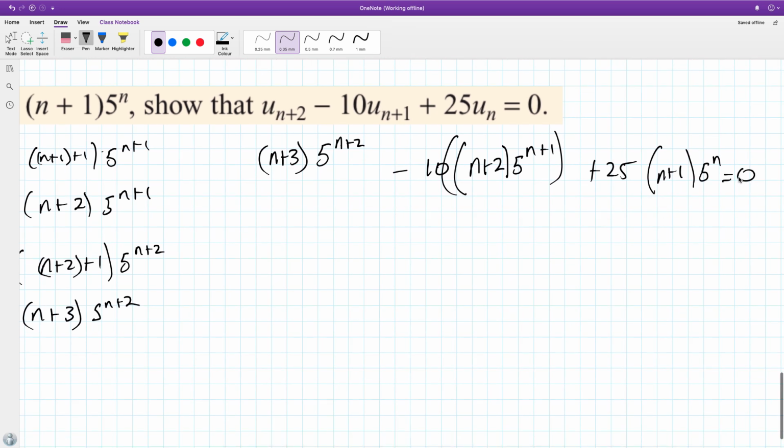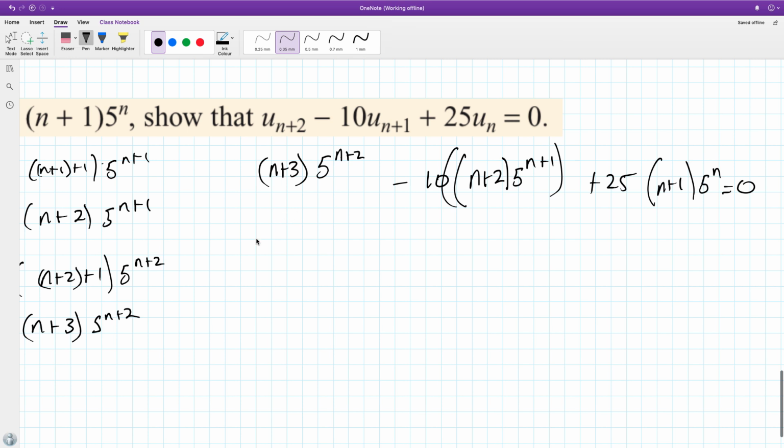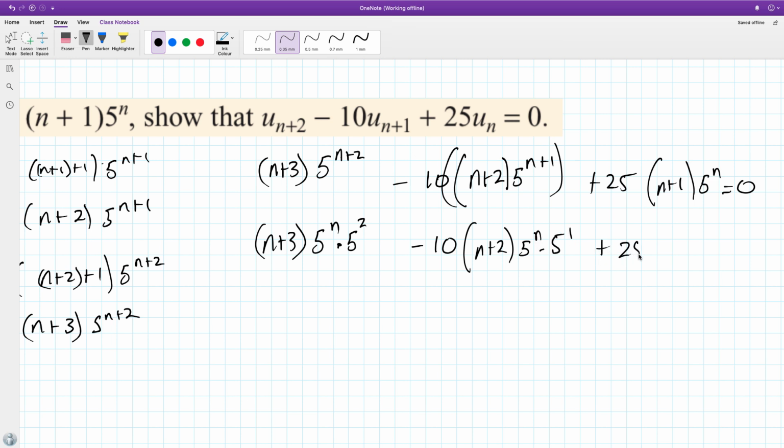We all happy with that? Right, that is n plus 3 times 5 to the power of n by 5 to the power of 2, minus 10 times n plus 2 by 5 to the power of n by 5 to the power of 1, plus 25 times n plus 1 by 5 to the power of n.